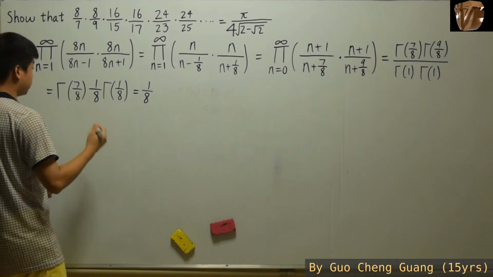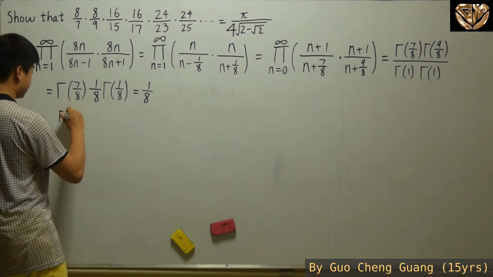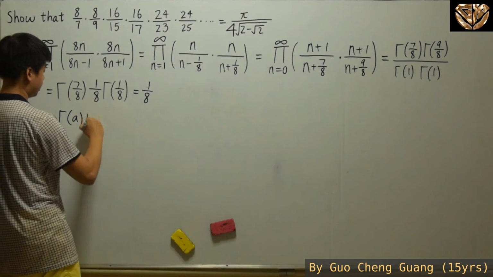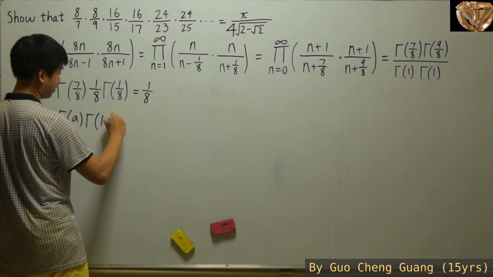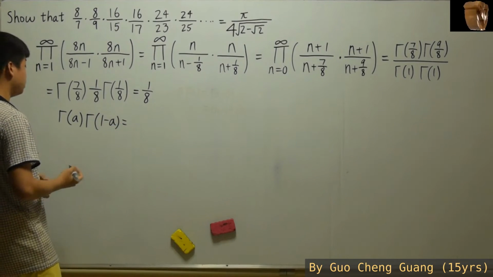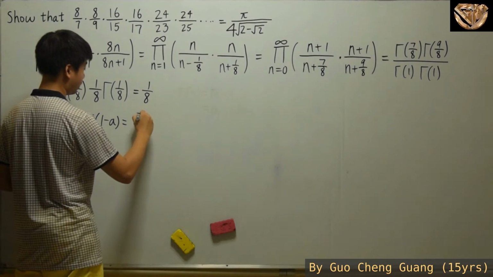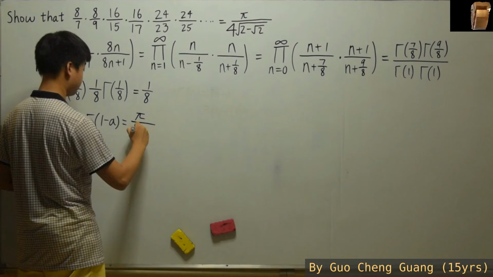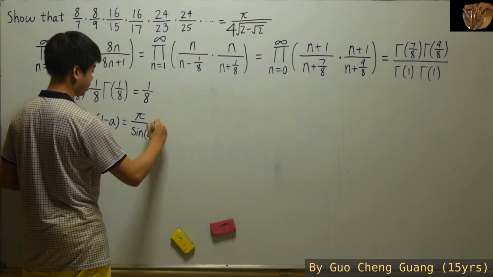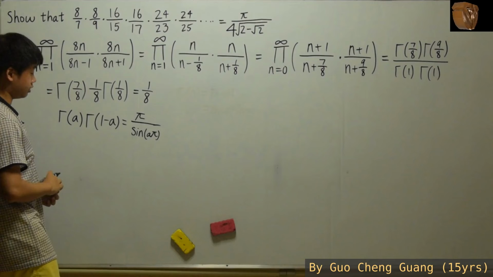Right, so how does this work? Now what you might see is, let's say you have gamma A. Gamma A multiplied by gamma 1 minus A. Alright, so this will give you pi divided by sine A pi, or sine pi A, however you like to write it.